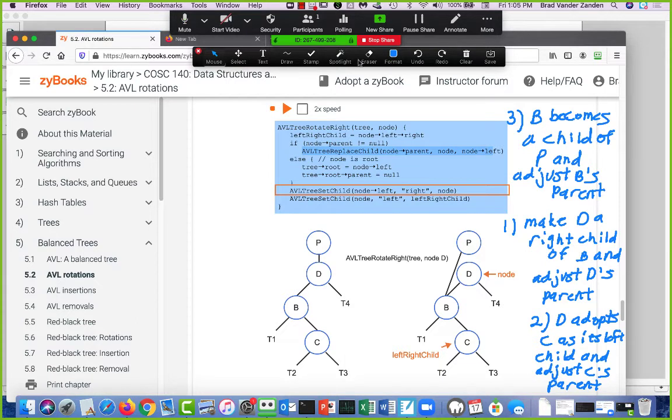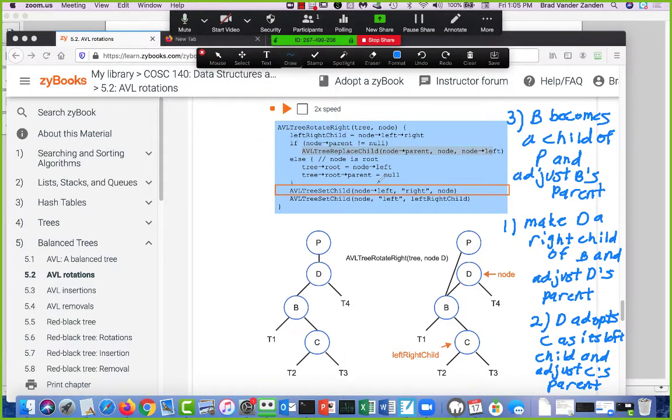So if we just draw this again, node parent is P. Then we are replacing node with its node left. So remember, node is the current child, node left is what we're replacing it with.